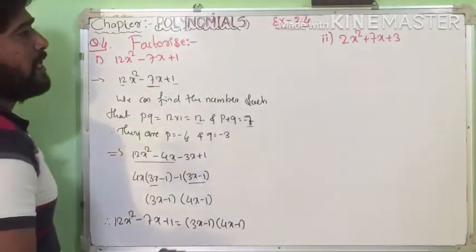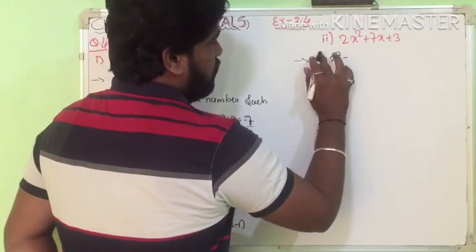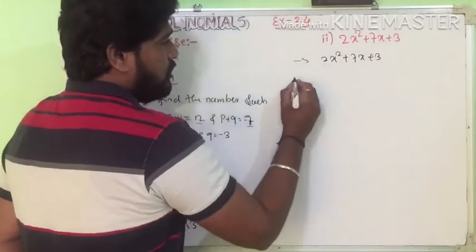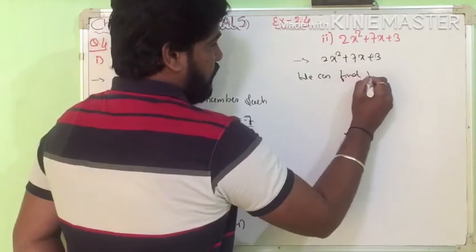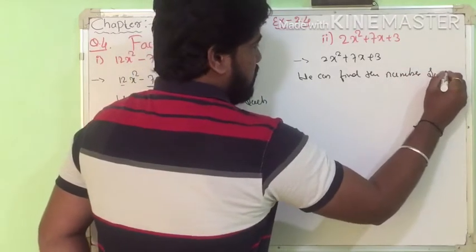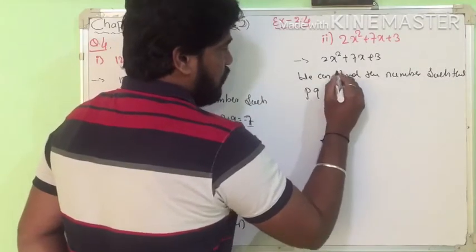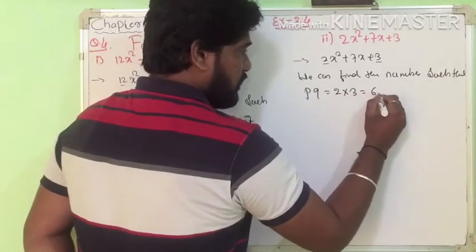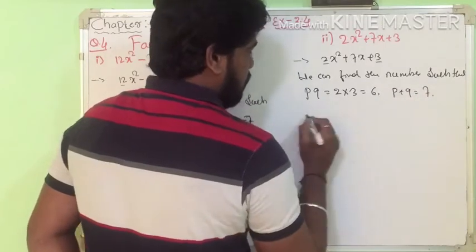Similarly, the next one: 2x square plus 7x plus 3, right? So we can find numbers such that p into q is equal to 2 into 3, which is 6, and p plus q is equal to 7.